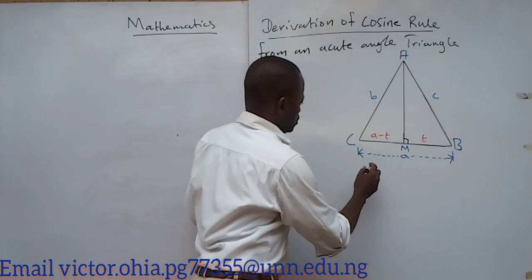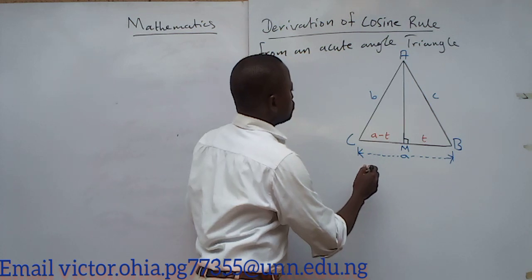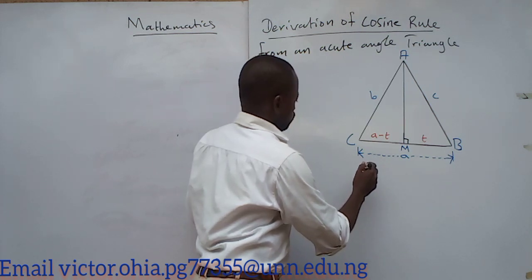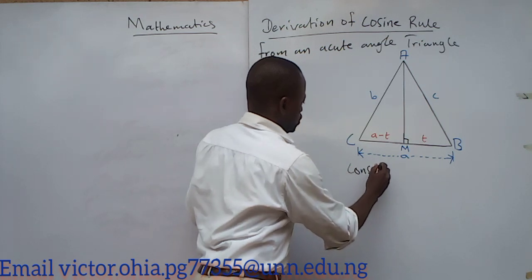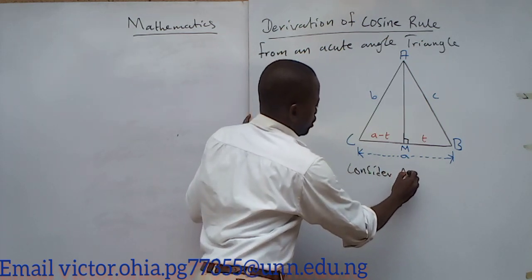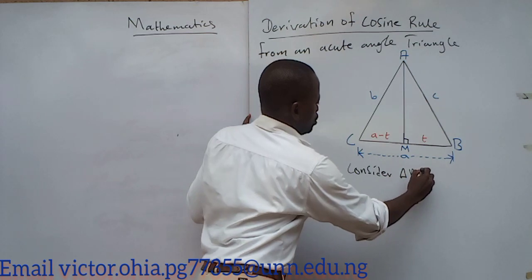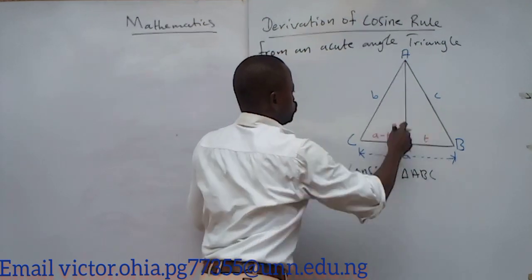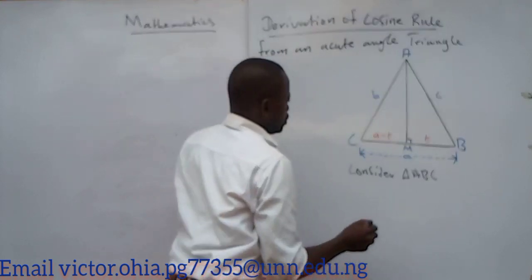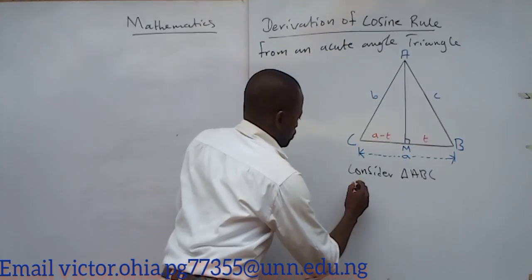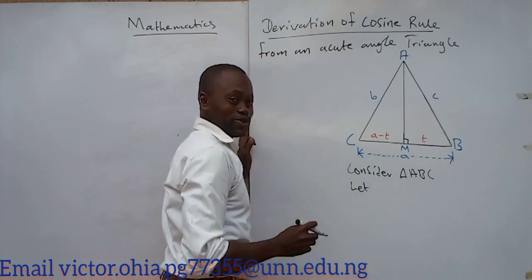Okay, now look at this. I will say, consider triangle ABC. That is this triangle as a whole. I will now say let. In mathematics, we do a lot of let.